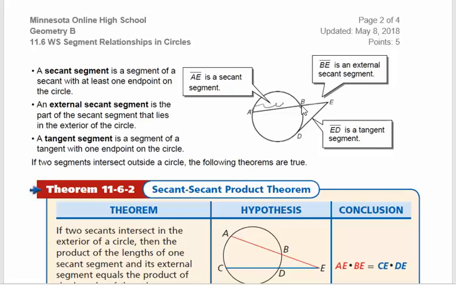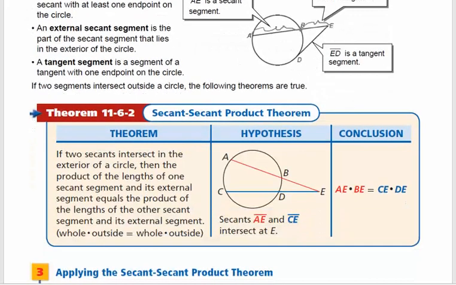So we'd call this the internal part and this the external part. An external secant segment is the part of that secant segment that lies outside the circle. And a tangent segment, the whole thing is outside the circle, so we just call that a tangent segment. These theorems will have to do with that information.